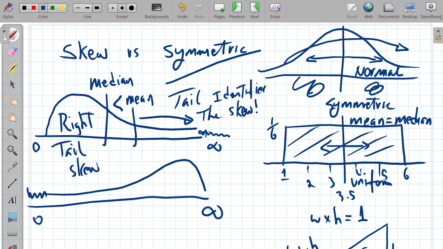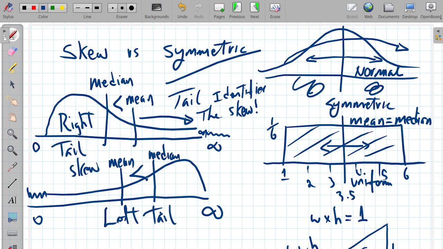We're going to talk more about this momentarily. Now here, where we have a left tail skew, the median is here, and the mean is here, so the mean is less than the median.